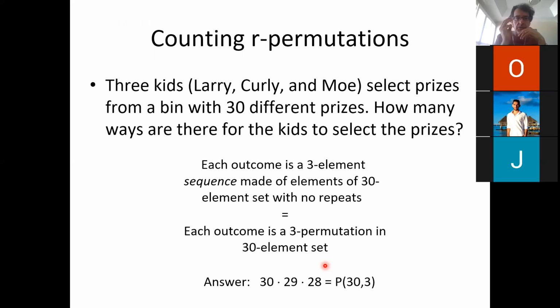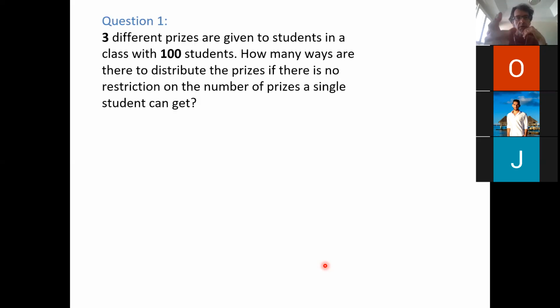Now I have a tiny set of prizes and a large set of people who potentially get them. So obviously not all of them will get one. In the previous example, every kid was guaranteed something.